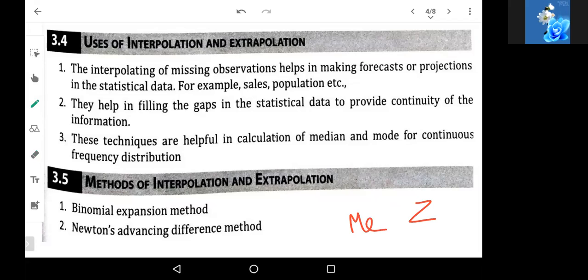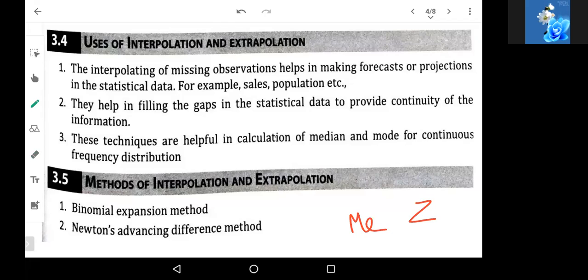Now coming to the methods of solving them. When we see the methods here, it would be the binomial expansion method and Newton's advancing difference method. So we will be solving problems under both the methods. So first, let us understand the binomial expansion method.